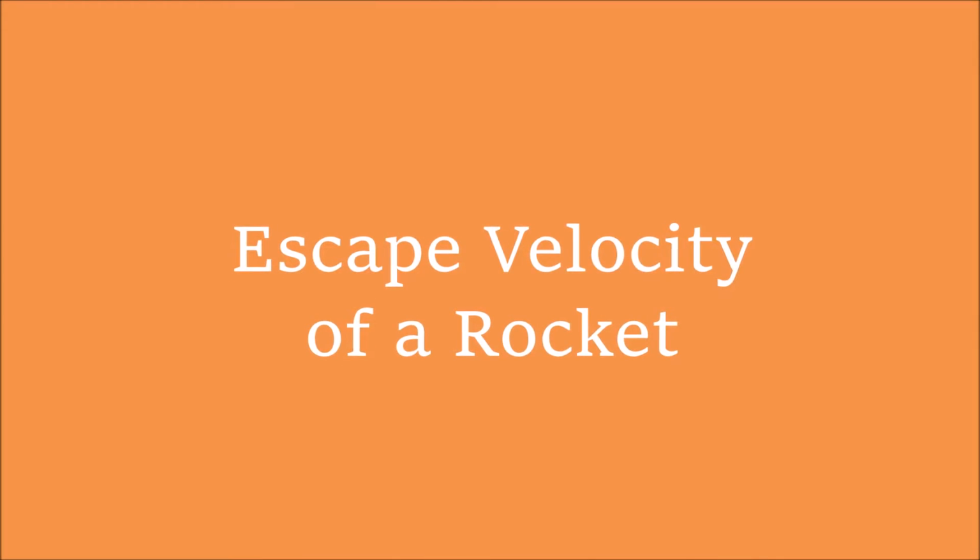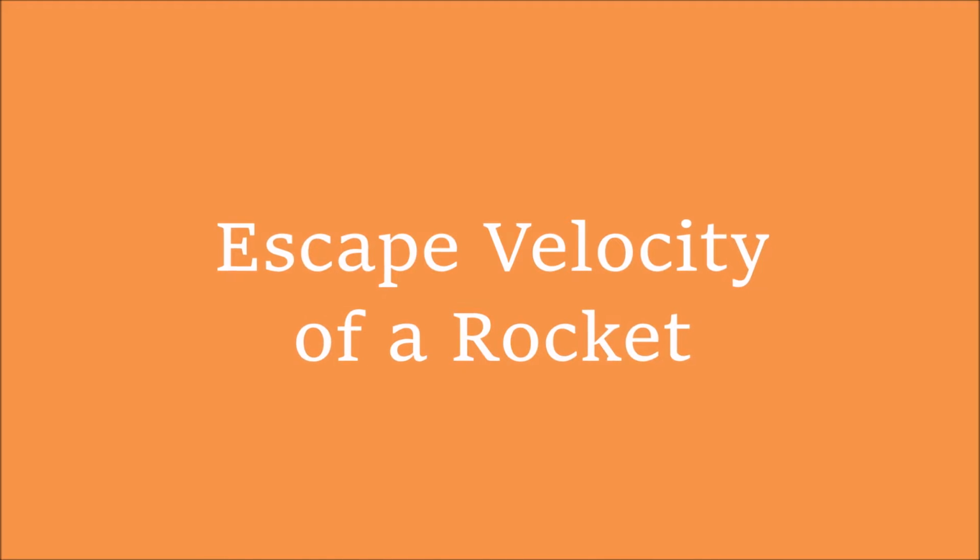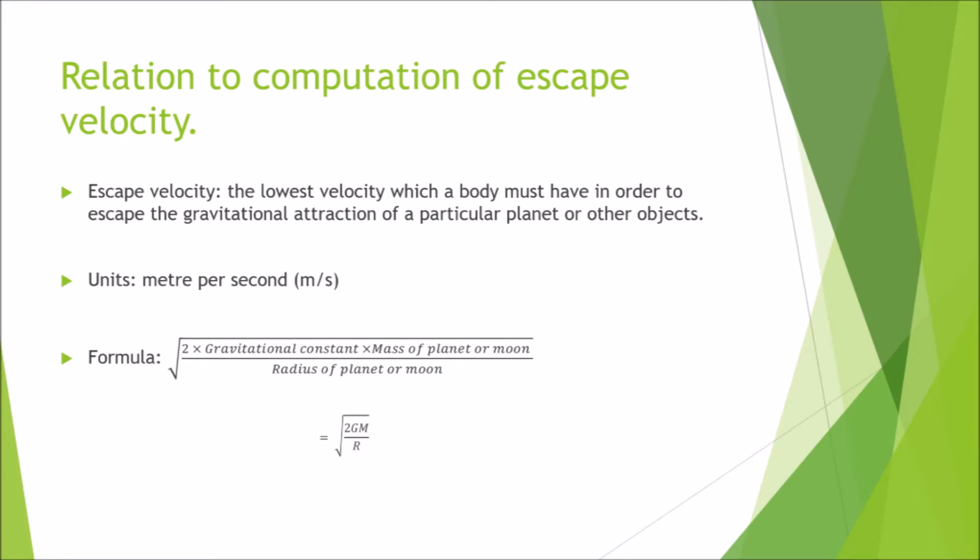So how is this related to the computation of the escape velocity of a rocket? Escape velocity is the lowest velocity which a body must have in order to escape the gravitational attraction of a particular planet or other objects. It is measured in meters per second.